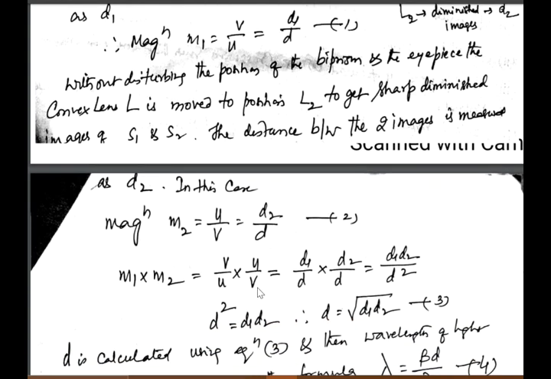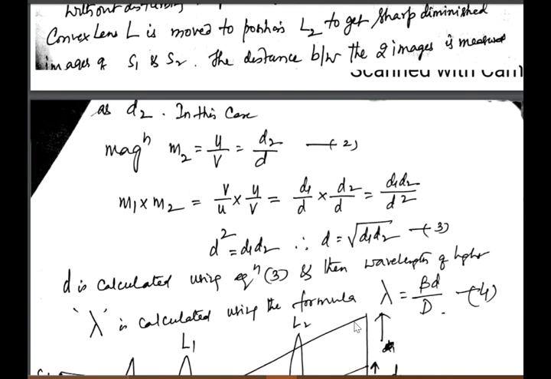So if you multiply 1 and 2, M1 into M2 is V by U into U by V, which is equal to D1 by d into D2 by d, which is equal to D1 D2 by d square. It is equal to 1. Therefore, d square is D1 D2. Therefore, d is square root of D1 D2. So using equation 3, we can find what is small d.